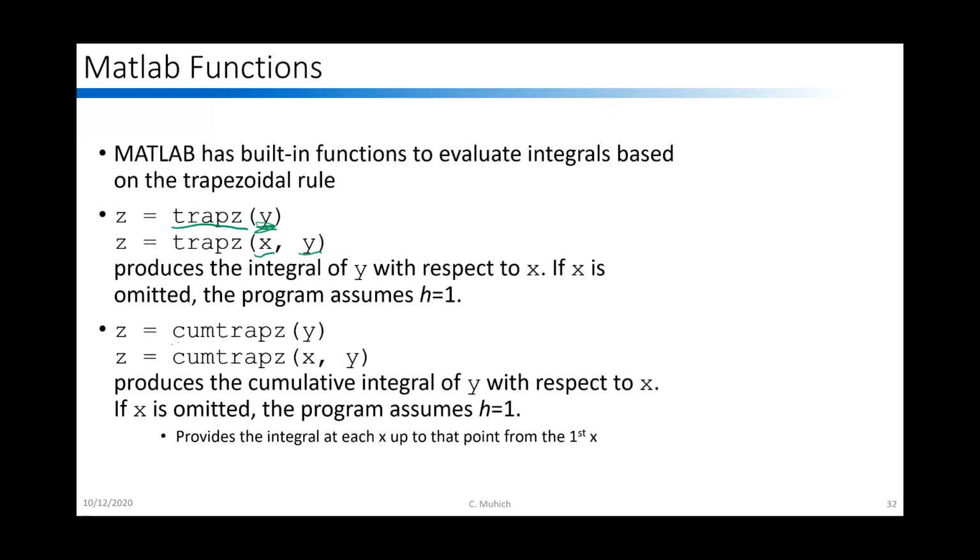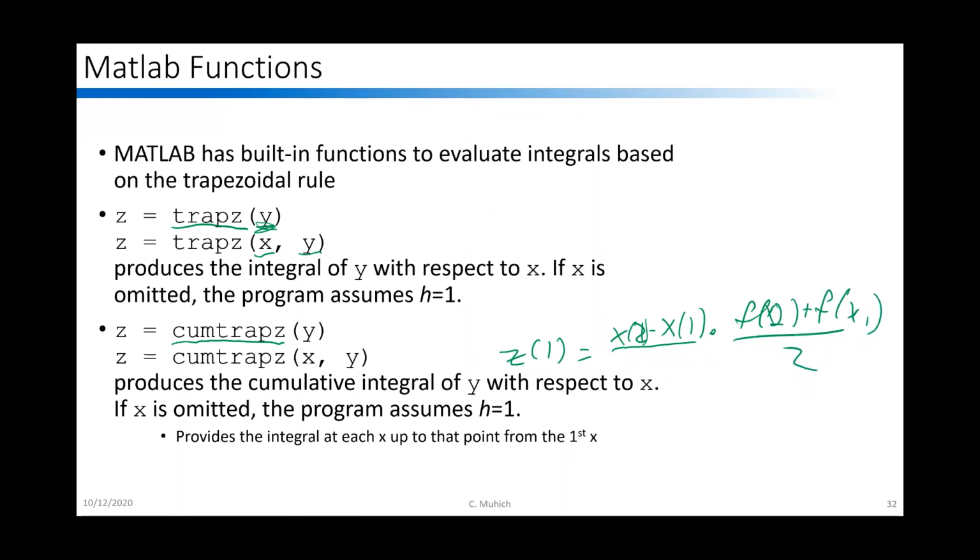You can also use the inbuilt function cumtrapz in the same method. Here, instead of providing a single answer, so z is a single number, it will provide an array, where that array is the cumulative piece 1 to the next. So it'll return as z1 the trapezoidal piece from the first set, x2 minus x1 times f of x2 plus f of x1 over 2, right?